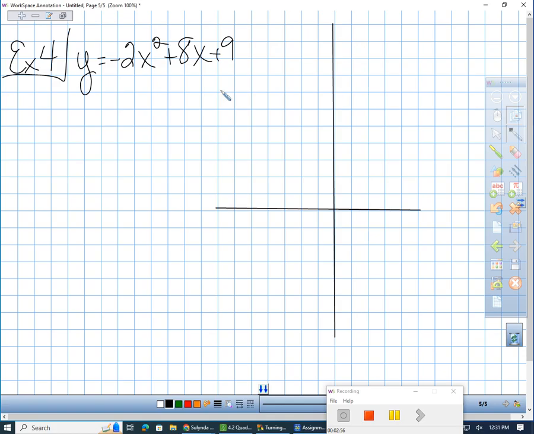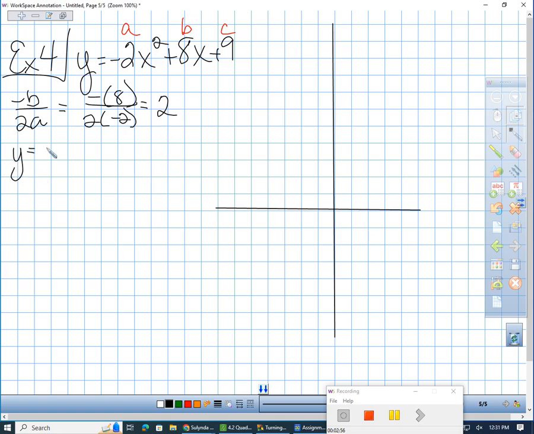Okay, so first thing we have to do is find our vertex. Again, I'm going to remind you this is my A, my B, and my C. So I do negative B over 2A, or in this case, negative 8 over 2 times negative 2. So negative 8 over negative 4 is 2. I'm going to take that 2 and plug it in.